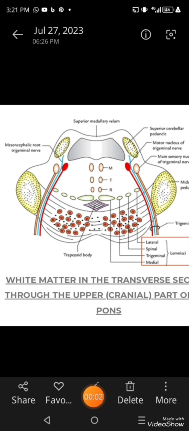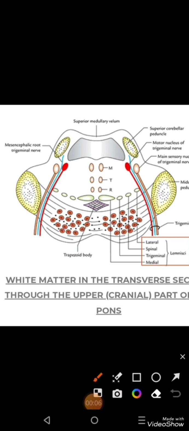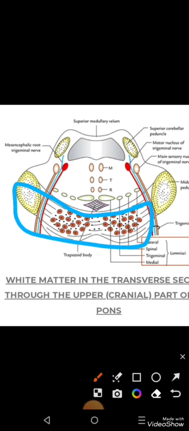If we can see that, this is the basal part of the pons, and from the trapezoid body onwards this is the posterior part or tegmental part, right? This is the tegmental, and that is the basilar part. Okay, now what about the basilar part? A little bit more important information: what type of fibers are present here.